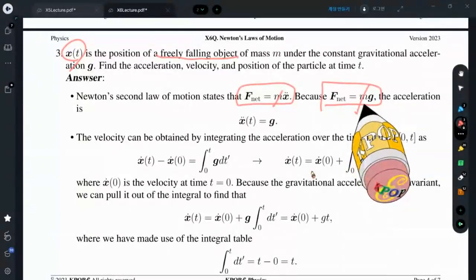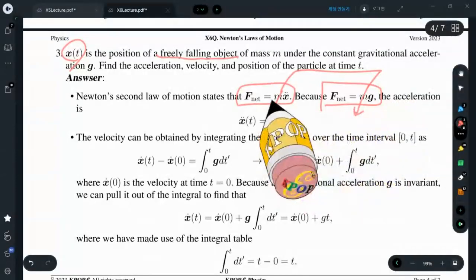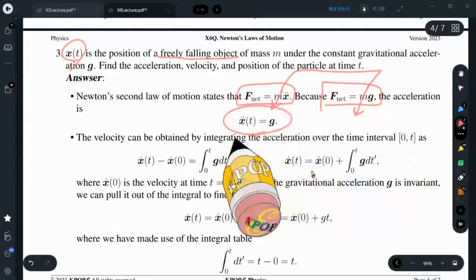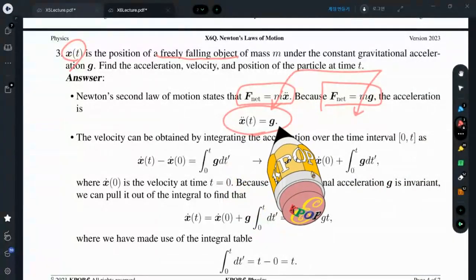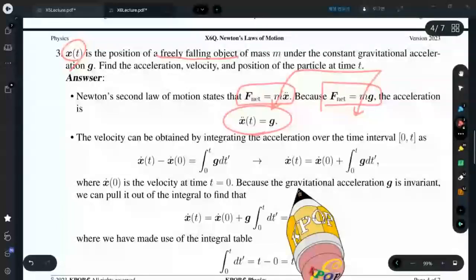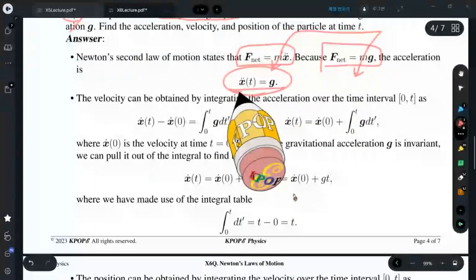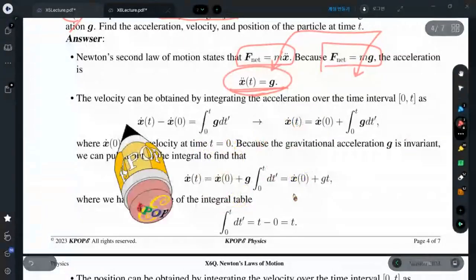Einstein's general theory of relativity states that these two are the same, so they cancel. Finally, our equation of motion is a trivial equation, where g is a constant vector toward the center of the Earth, approximately. We can still integrate this equation once.